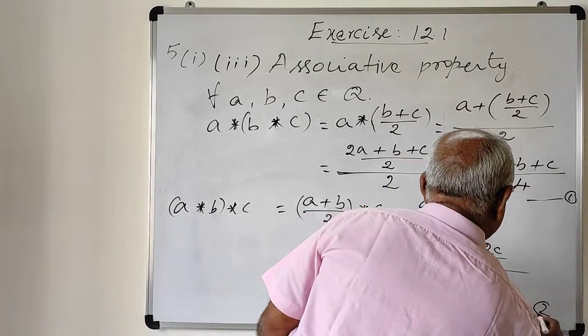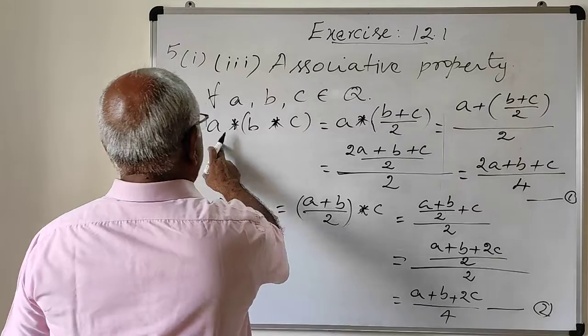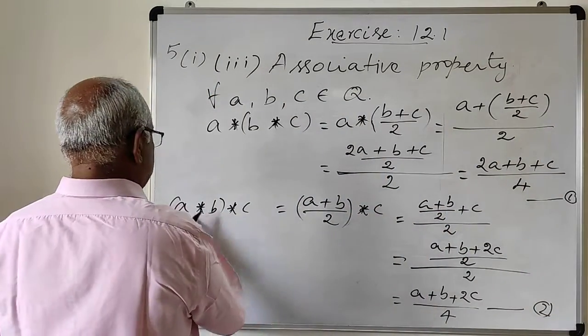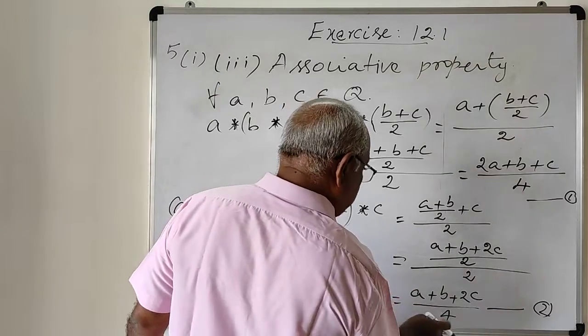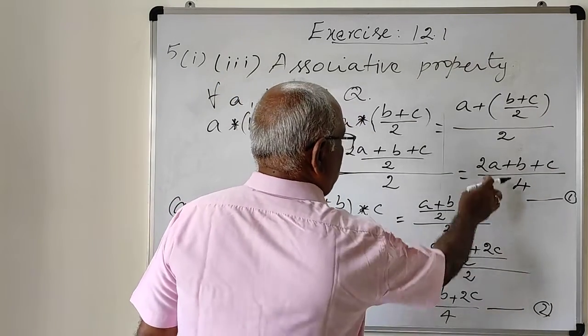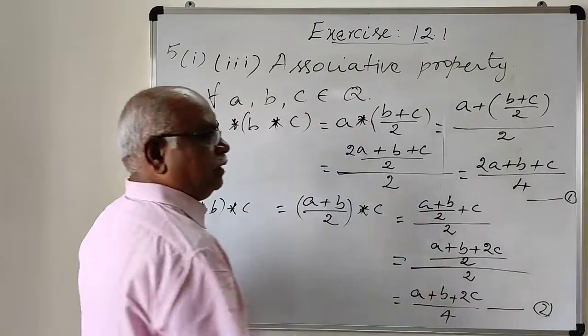This is expression 2. See, the left hand side a star (b star c) is (2a plus b plus c) by 4, and (a star b) star c is (a plus b plus 2c) by 4. These two are different.